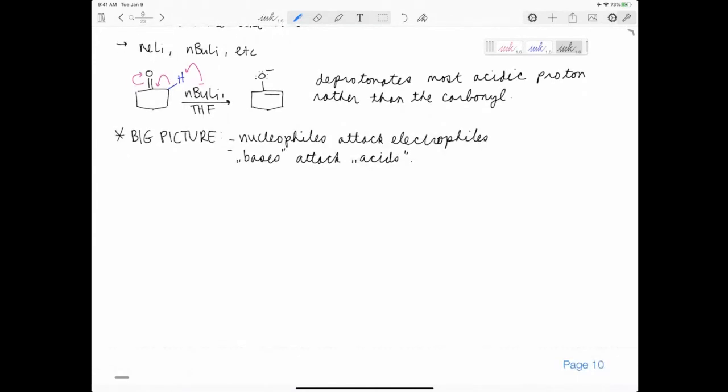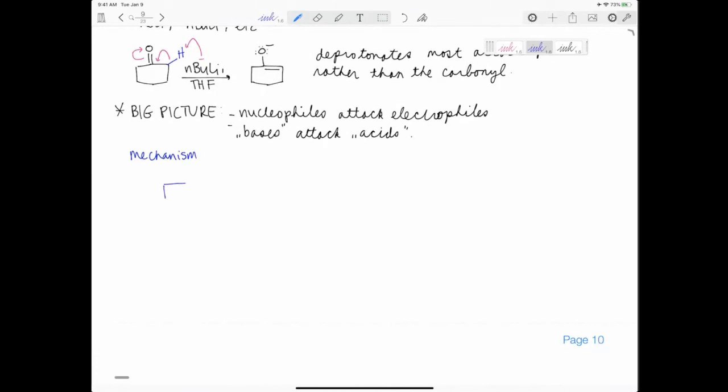So I've done the mechanism, but let me show you what happens when we do an acidic workup. We know that under basic conditions, this hydrogen here gets deprotonated, elimination happens, and we get this here. Now, can anyone tell me where you have seen something like this before? Something like that looks pretty familiar, right?